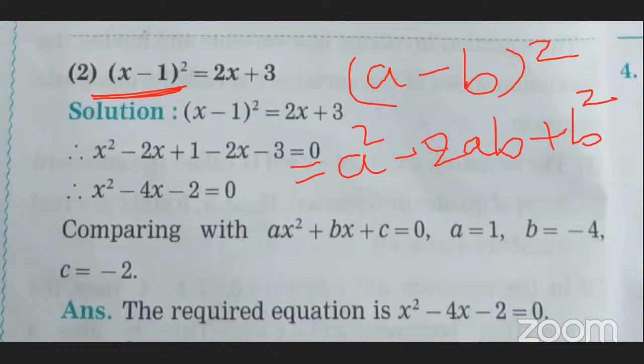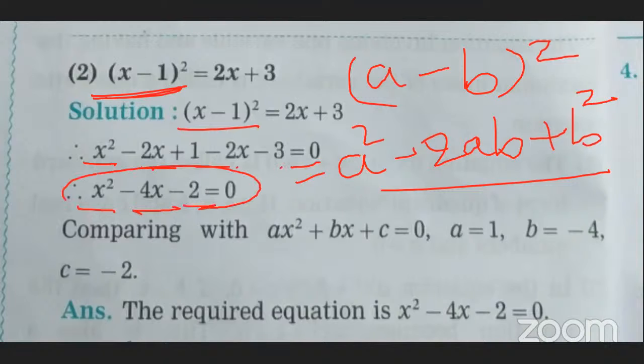So x minus 1 whole square is x square minus 2x by formula. And minus 2x minus 3 equals to 0. So x square, minus 2x minus 2x, minus 4x, 1 minus 3 is minus 2. This is your answer. So a equals to 1, b equals to minus 4, c equals to minus 2. Am I right?